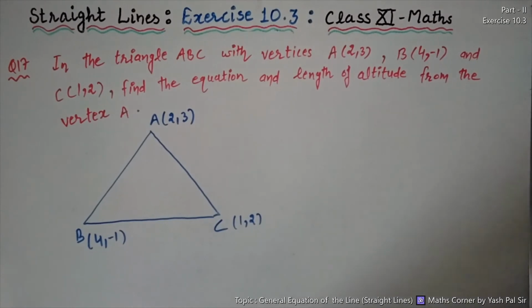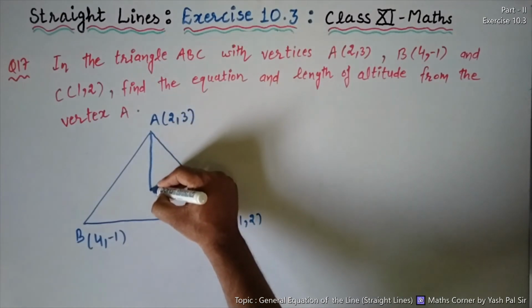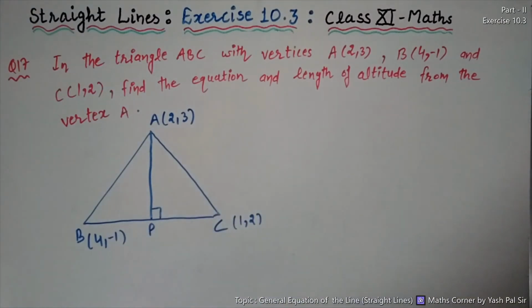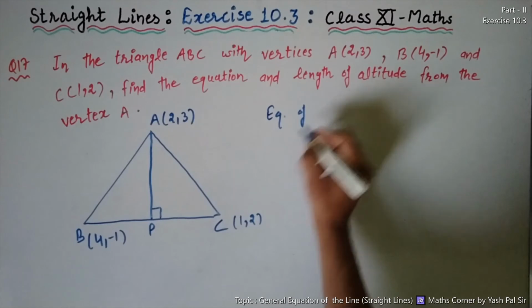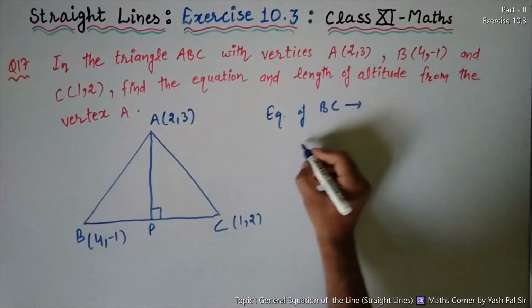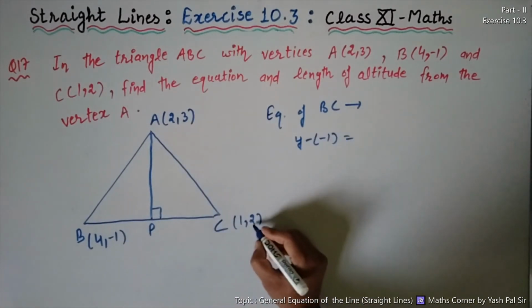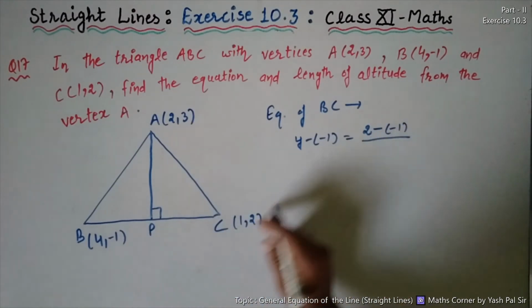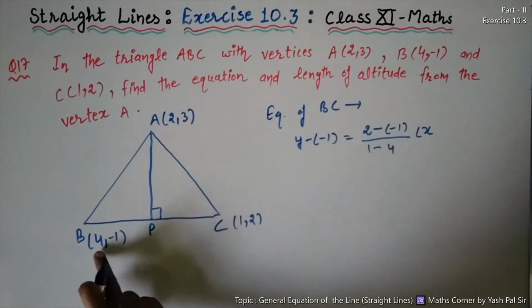Right? Altitude from the vertex A means we have to draw a perpendicular. Suppose this is P. First of all, we have to find the equation of BC. This is y minus y1, y1 is minus 1, equal to (y2 minus y1) upon (x2 minus x1), that is (2 minus minus 1) upon (1 minus 4), into x minus x1, x1 is 4.